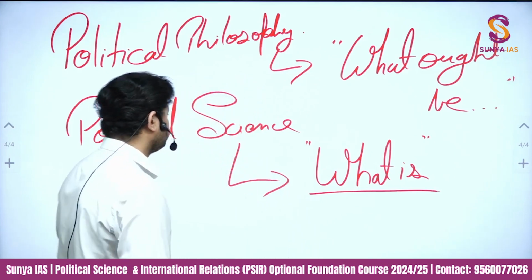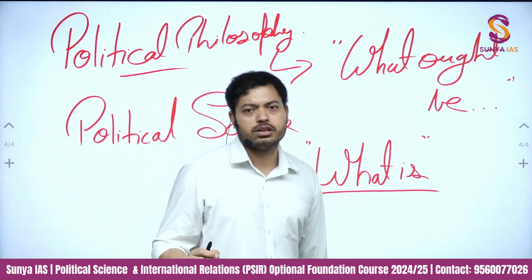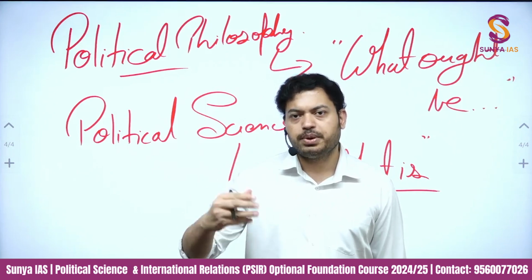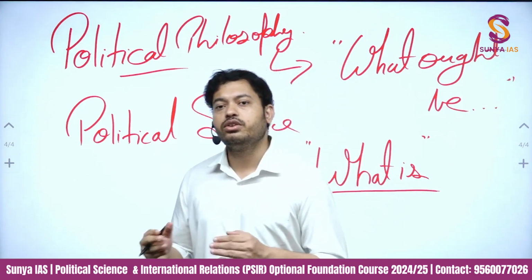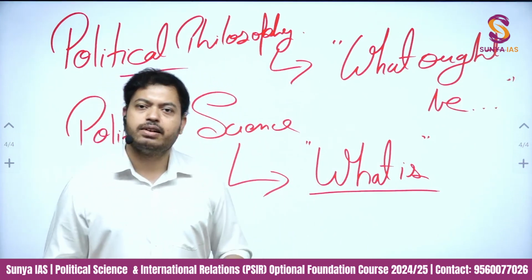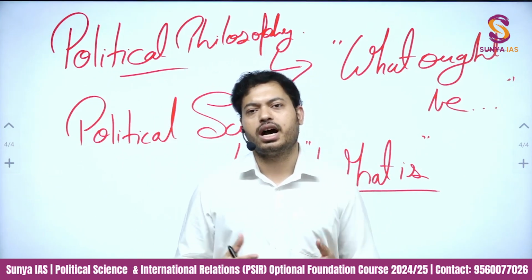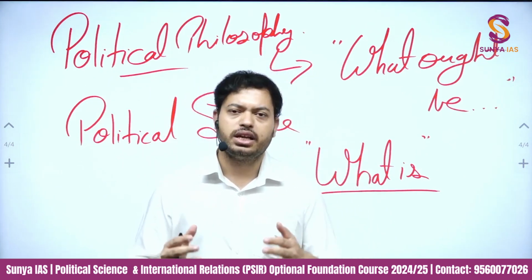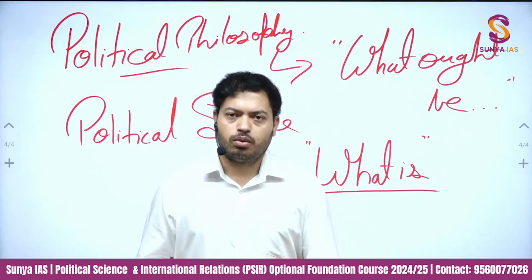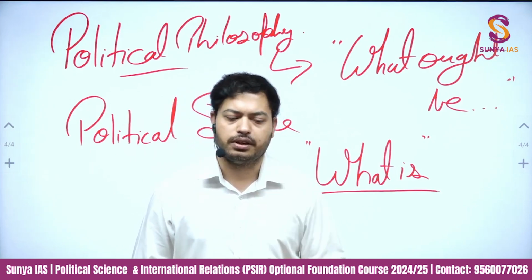Now, for example, political philosophy is something which talks about normative methods. Over the period of time, society develops its own norms, and these norms, you will see in the long run, are really helpful, and they evolve into principles. All that pertains to doing an analysis of these things is political philosophy.